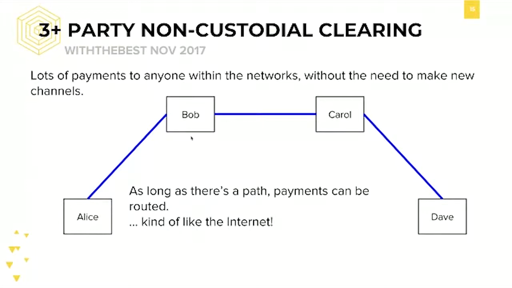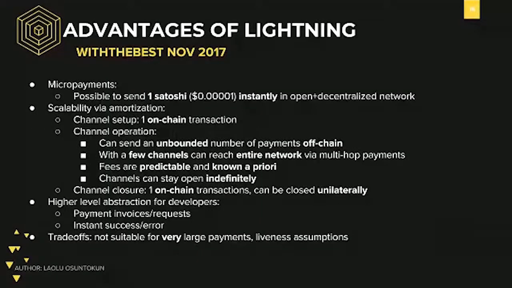So what are the advantages of Lightning? It enables micropayments. In the Lightning Network, it's literally possible to send one Satoshi, which is one 10,000th of a dollar, instantly. And effectively, you get this scalability through amortization. Whenever you set up one of these multi-sig relationships with another party, which is called a payment channel, you still need to create that one on-chain transaction.